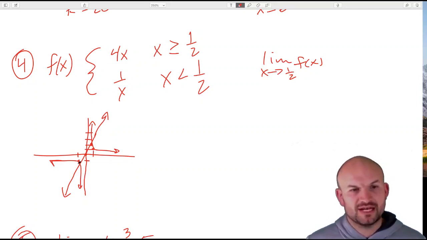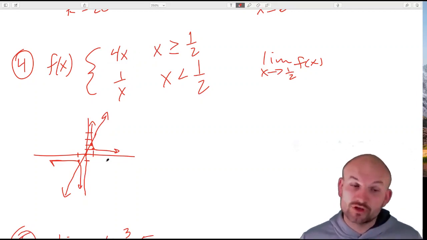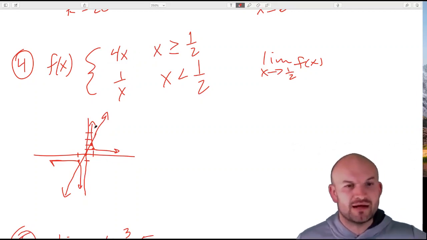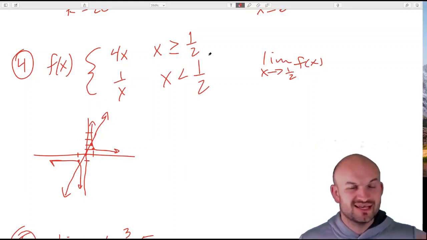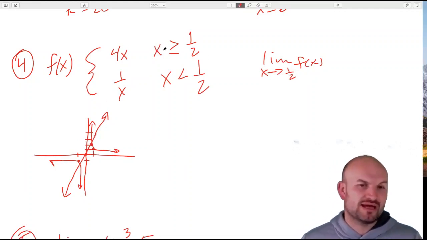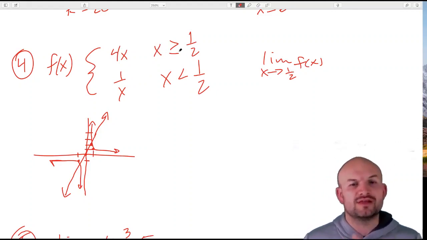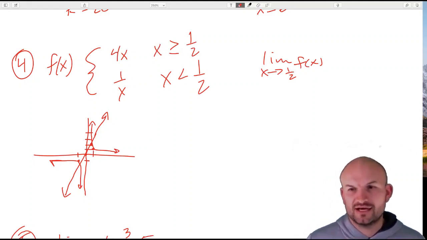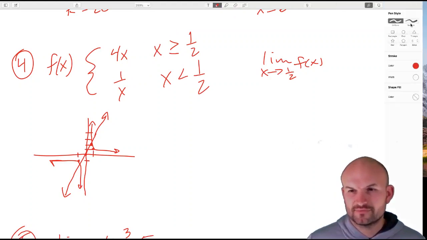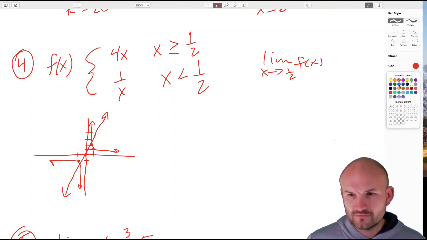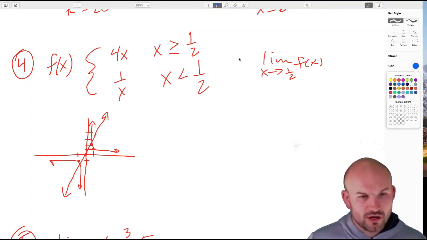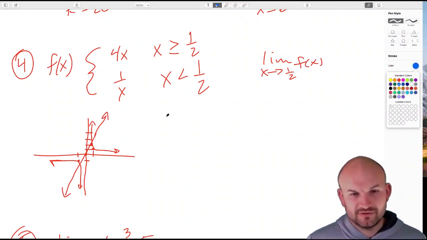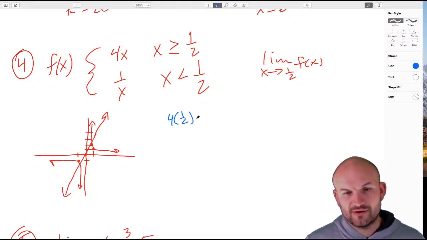So rather than graphing 4x for the whole domain, we're going to restrict the domain, kind of like in that problem for the domain restrictions. Now, this is defined for all x values, but now I have a domain restriction for x values only greater than or equal to 1/2. If I plug in 1/2 here, 4 times 1/2 equals 2.